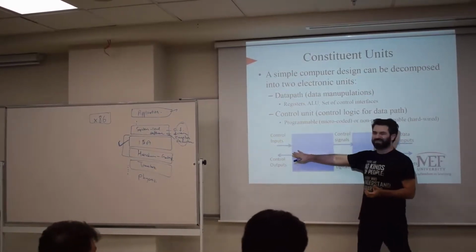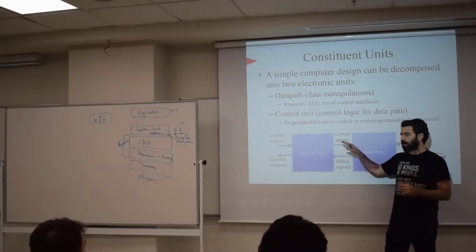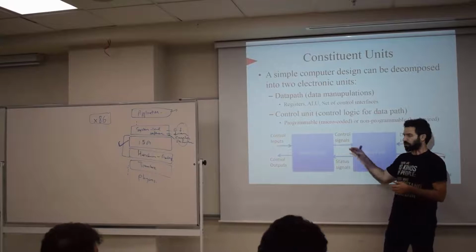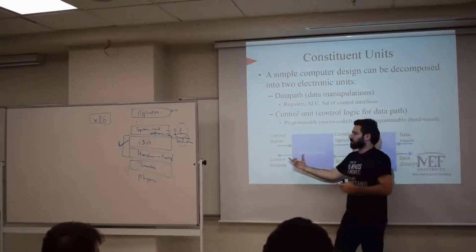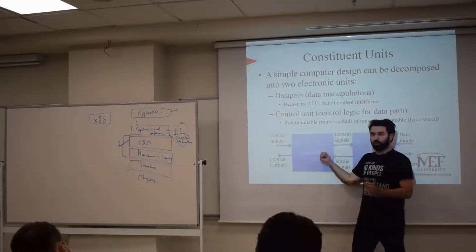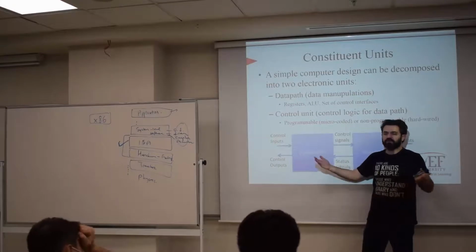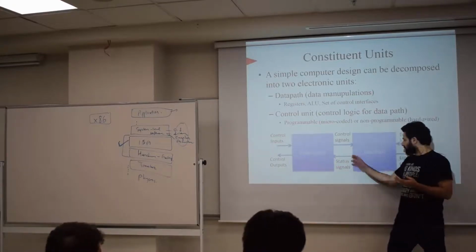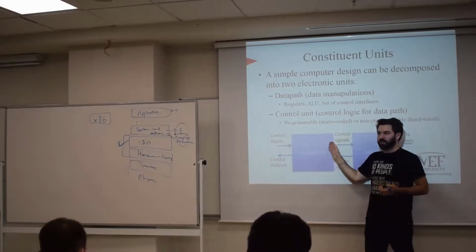Those instructions will be translated into control words, and those control words will constitute your control signals. Most of the time, for example, your instruction size will be 16 bits all the time. But control words could be any length, 30, 40, 50, depending on how complex your data path is. This translation is the challenge, by the way.